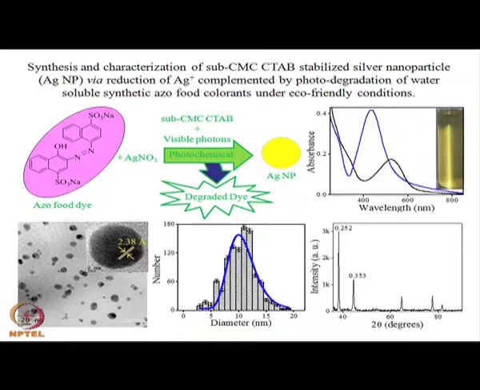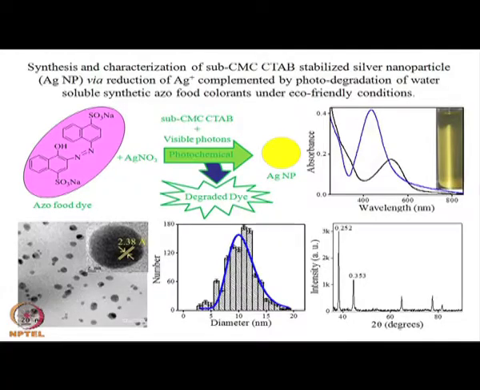Otherwise, in most cases your nanoparticle will not be stable, because in order to keep those nanoparticles which you are synthesizing in solution, you need a means to make them solubilized. This solubilization is done by the stabilizer, and here in this particular example it is the below CMC CTAB, cetyl trimethyl ammonium bromide stabilized silver nanoparticle.